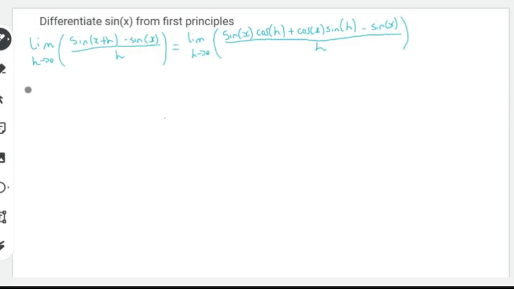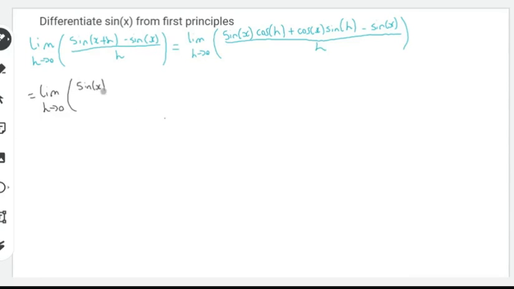And then we can write it like this. There are many ways in which you can go about it from here, but I'd probably go like this.